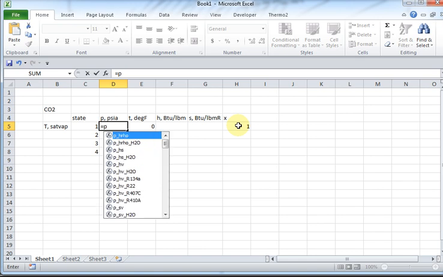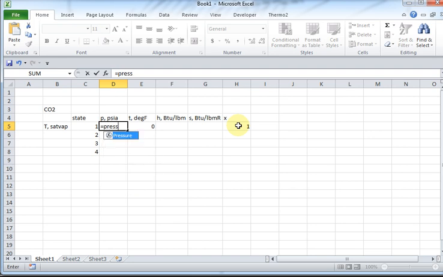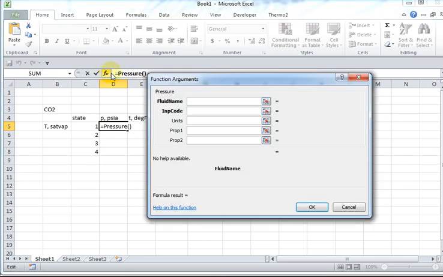Okay, maybe I need pressure right there. Okay, so now this is pressure. It's a function that is in the Excel version for RefProp, and they don't give me good help. I wish they did. They didn't. But the fluid name, I'm going to click right here, CO2.